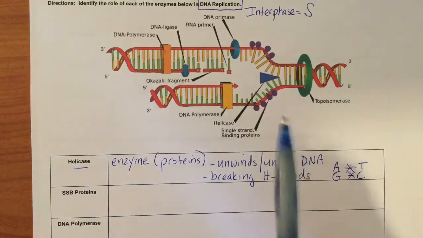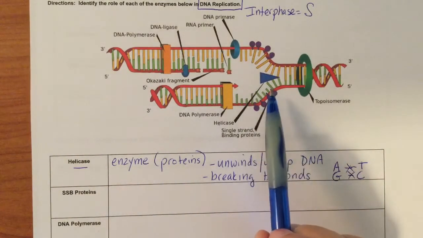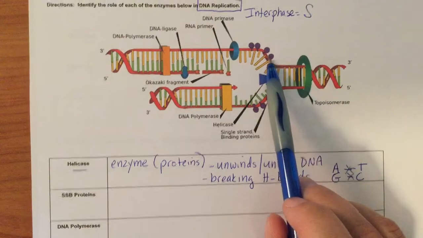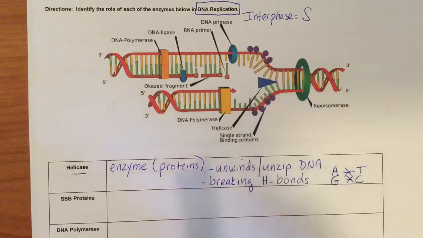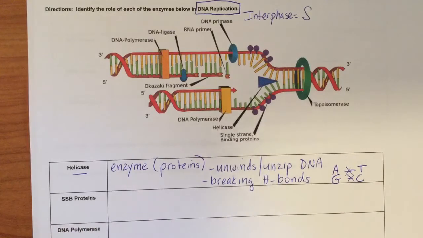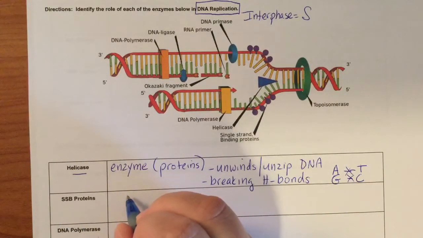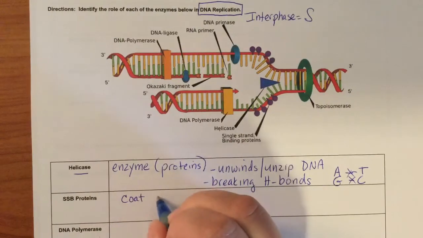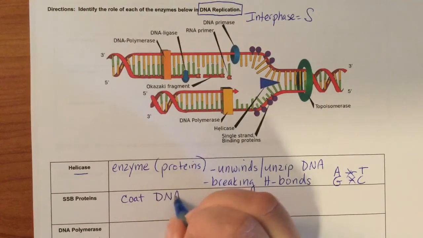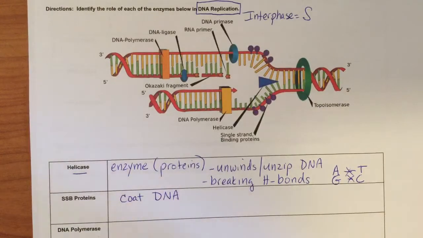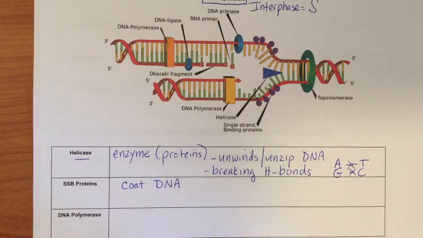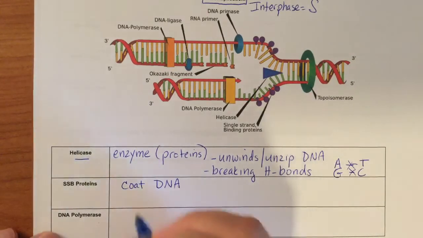Okay, so once you start to separate the two strands, then you have these little purple guys here, and these guys are called SSB proteins. They're single-stranded binding proteins, and what they do is they coat the DNA, so they're found all along. They've only drawn a few of them on the screen here, but they're all along the two sides of the now open double helix.